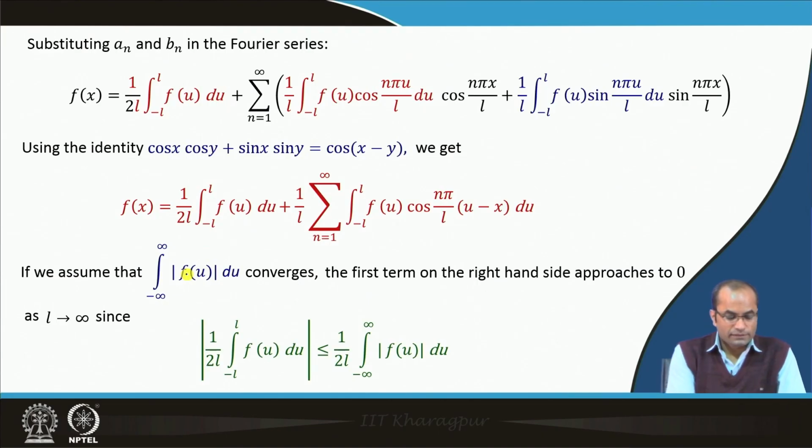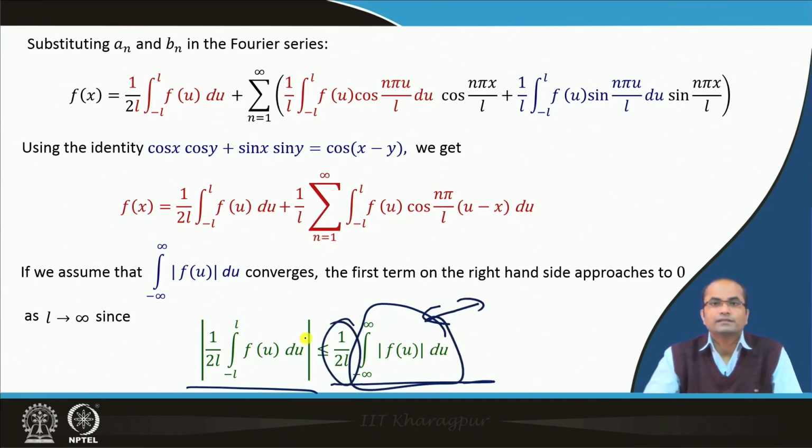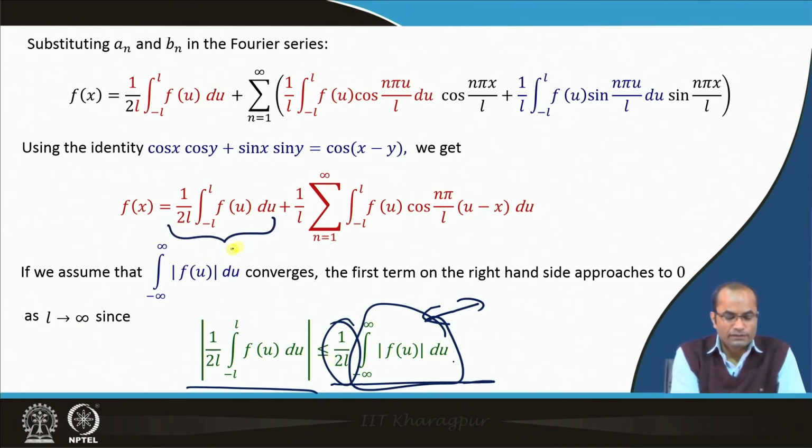So, in that case this will go to 0, because we have this relation, this is even bigger and this converges. So, we have some value there and then 1 over L is sitting there when L approaches infinity. So, something finite divided by L approaching infinity will go to 0. So, this term will tend to 0 as L approaches infinity.